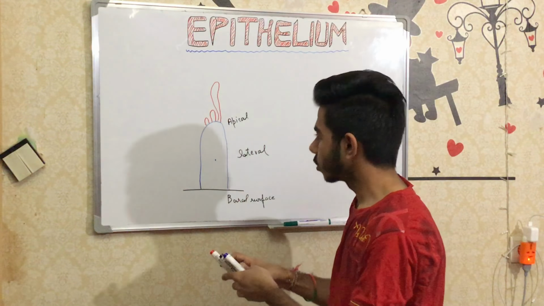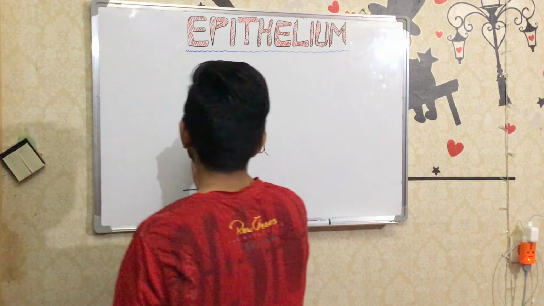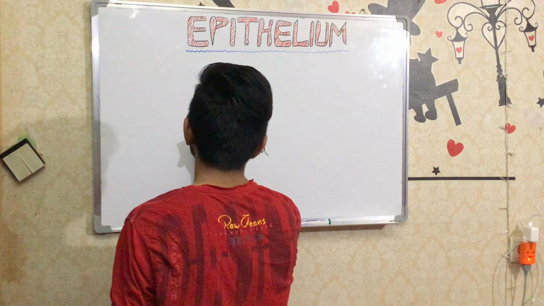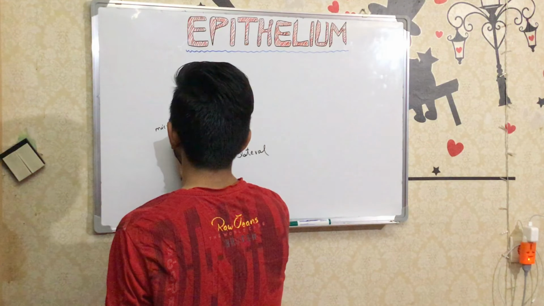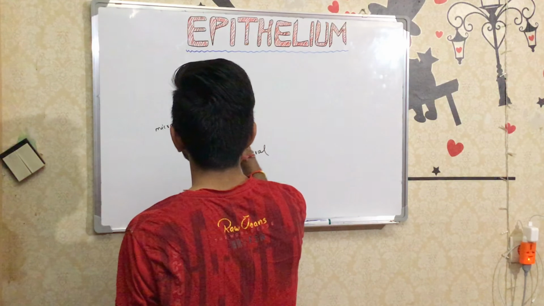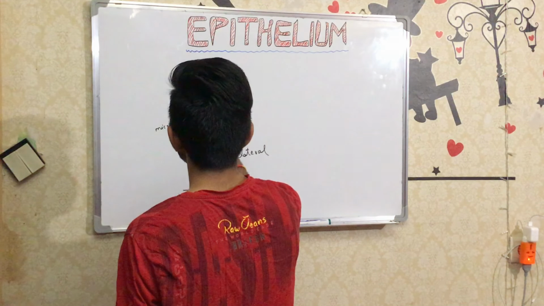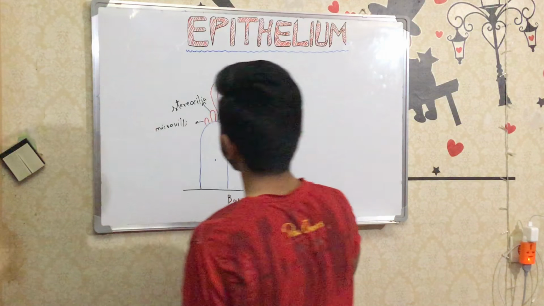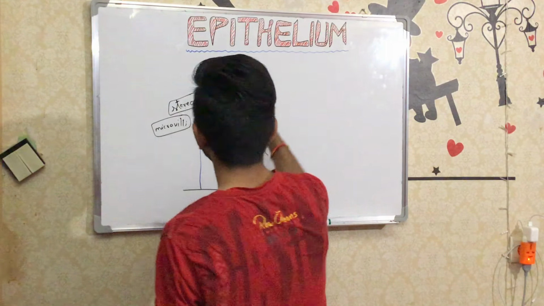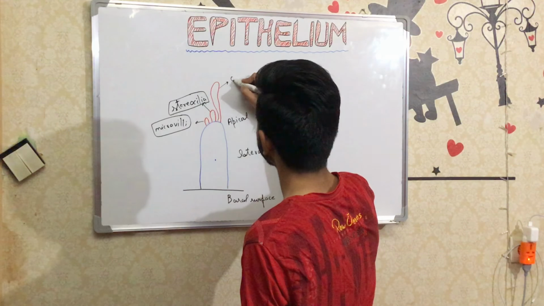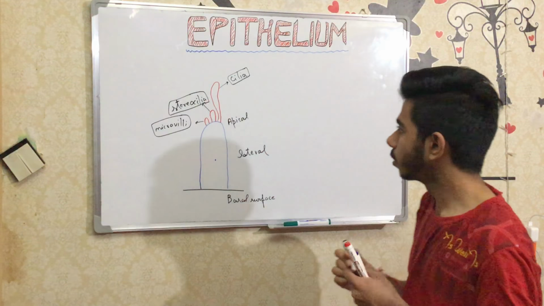Remember, so let me make those clear: this structure is the microvilli, this is the stereocilia, and this one we call cilia.